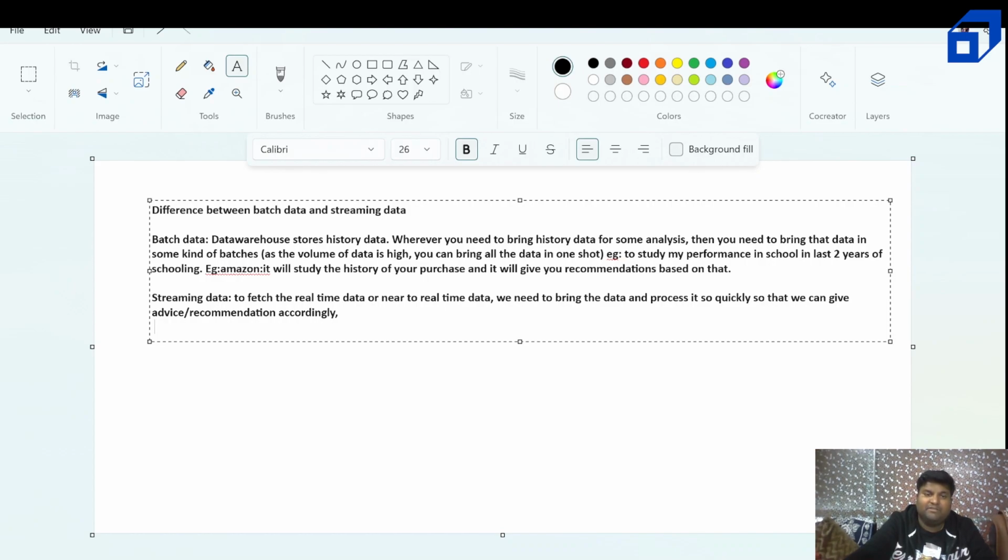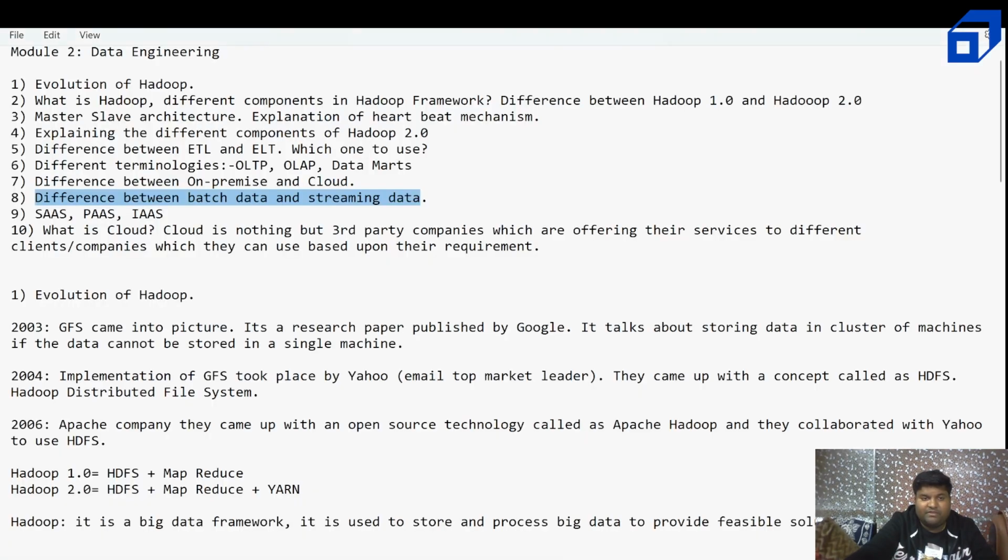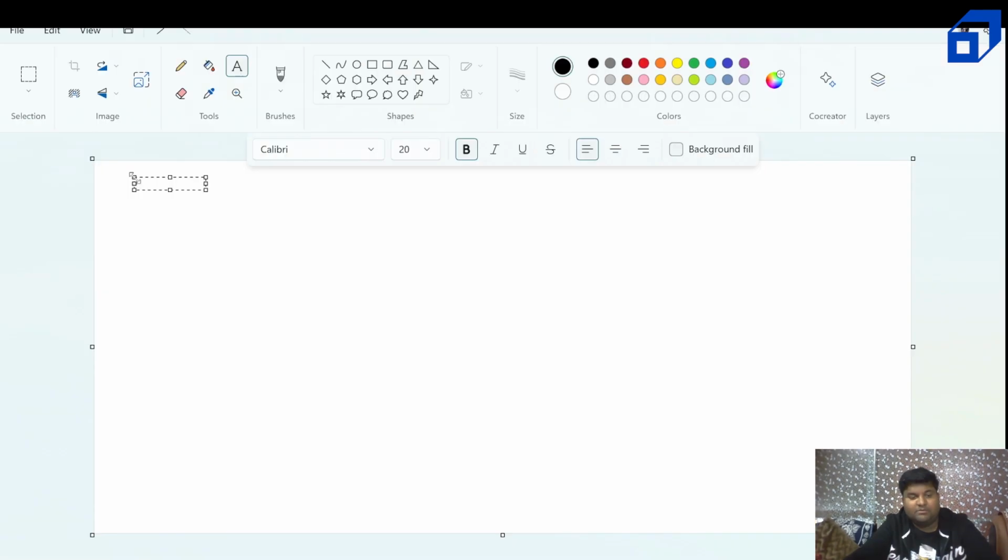Basically, I'll stop the vehicles incoming and divert them to some other area. That is also an example of streaming data, right? I think I have covered this answer. Now let's move to this difference. It is very important. We'll cover this in the explanation now.